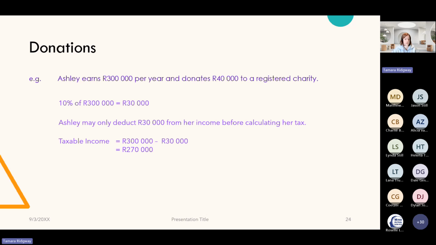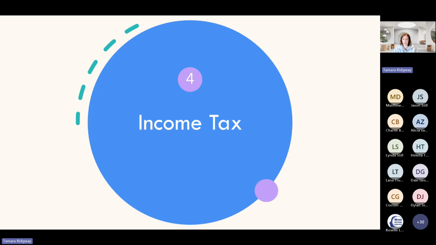Right, so then we get on to income tax, and this is going a lot faster than what I thought it would. I'm sure as tired teachers, you are very glad. Okay, so we're moving on to number 4. Just a reminder, there were 6. My goodness me. And this is now the income tax.